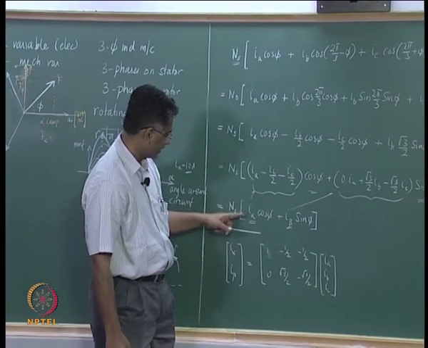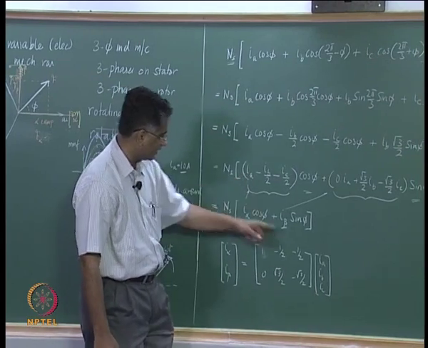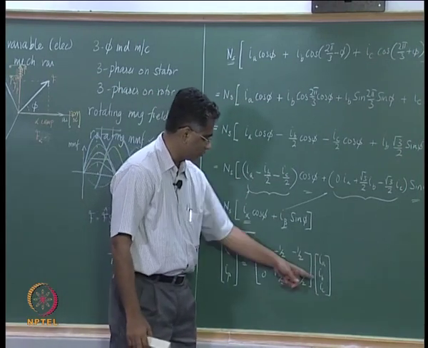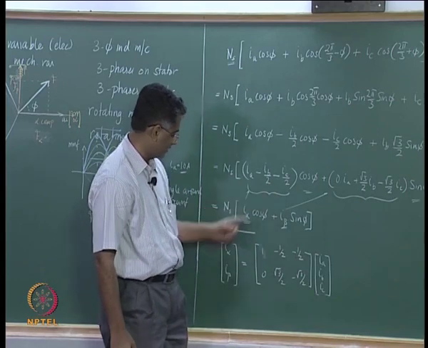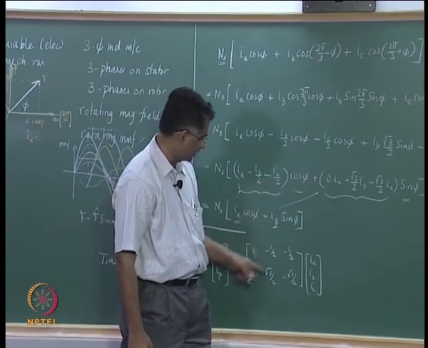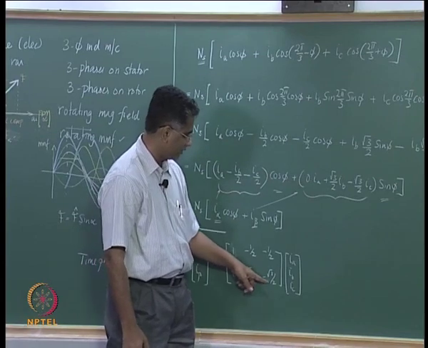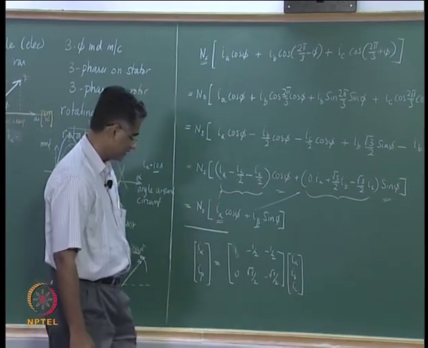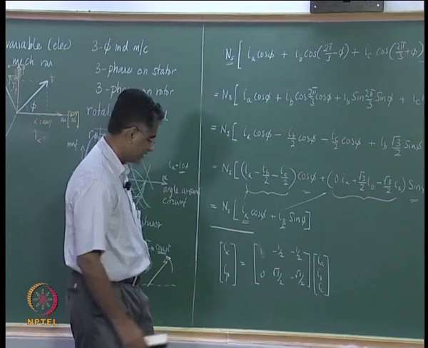So, you can see that I alpha is nothing but IA minus IB by 2 minus IC by 2, that is what you have here, and I beta is 0 times IA, root 3 by 2 IB minus root 3 by 2 IC, and now you have this NS.